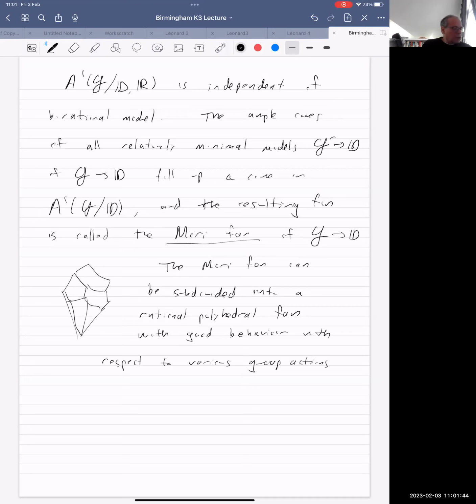That is a complicated story, but that's actually one place where we're using what is known. There's work of Kawamata in this case that allows us to get a good refinement of this Mori fan, which a priori is a union of not well-behaved cones.